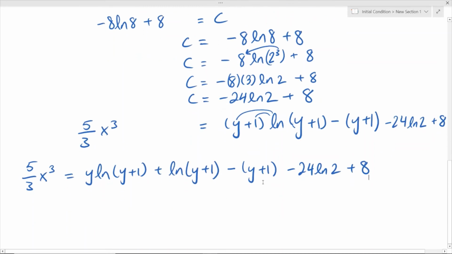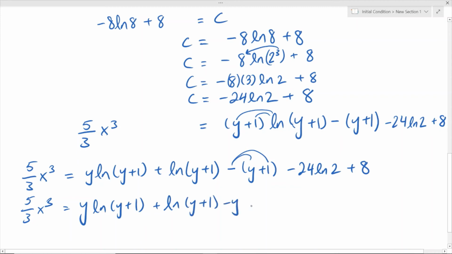And then I want to distribute this negative to each one, so I'm going to do that as well. So 5 over 3 x cubed equals y ln y plus 1 plus ln y plus 1 minus y minus 1 minus 24 ln 2 plus 8.